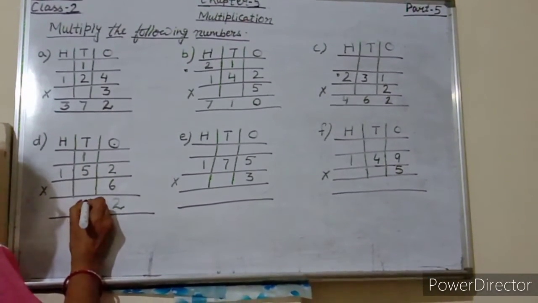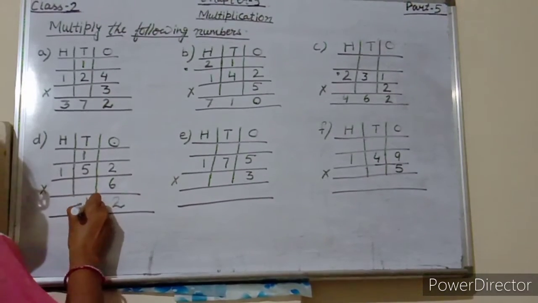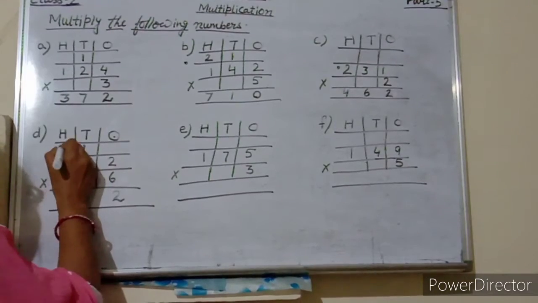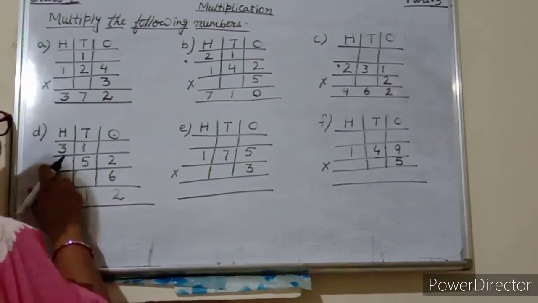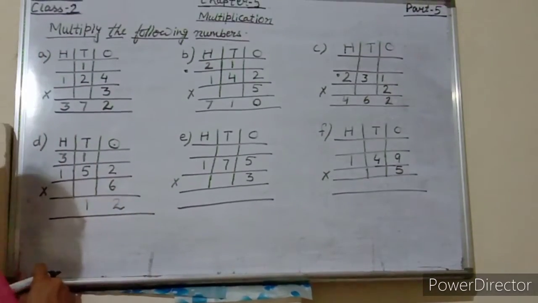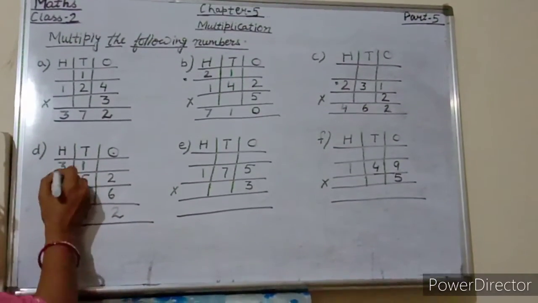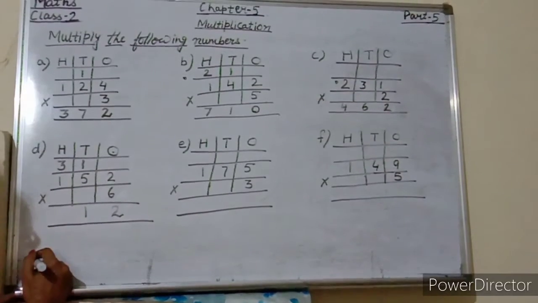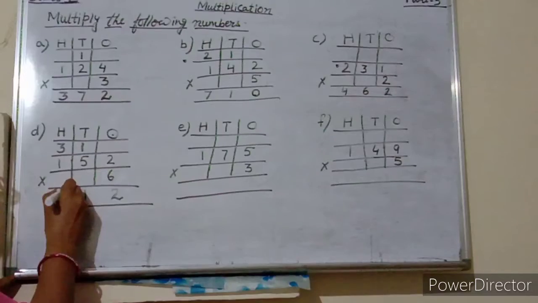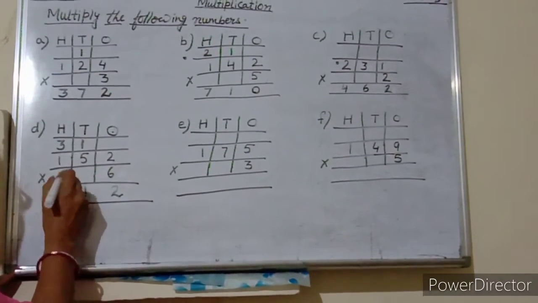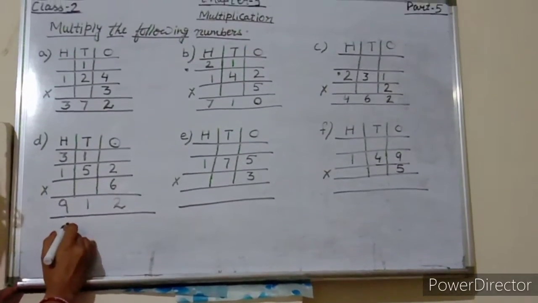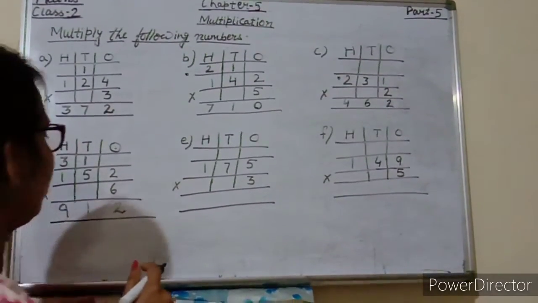So 1 we will write under the tens column and 3 we will write as a carryover in the 100 place. So students, 100 into 6 is 600. 600 plus 300, 900. So we will write 9 under the 100 column. So students, 152 by 6 is equal to 912.